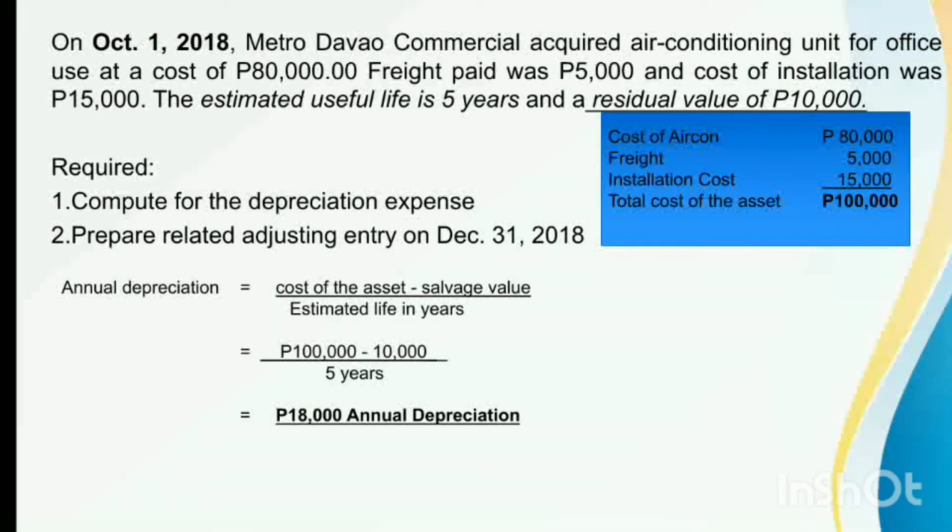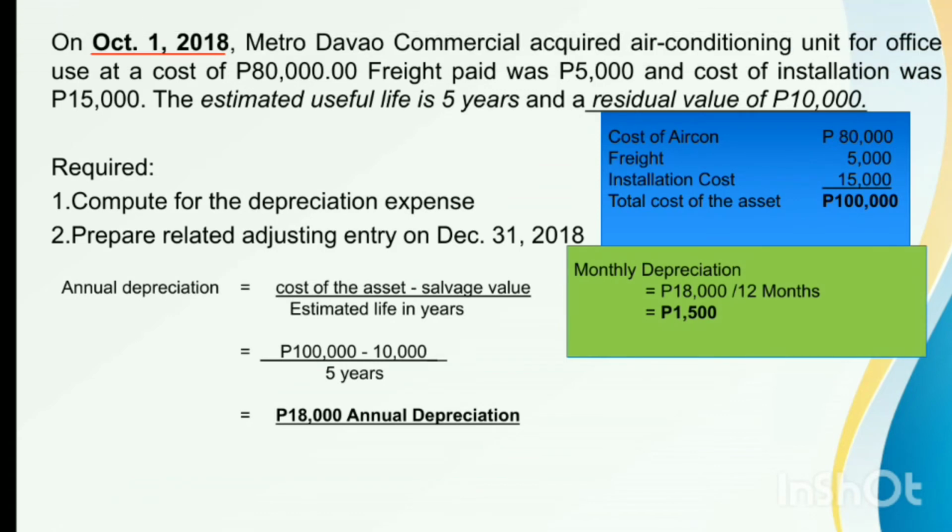Take note that the aircon was acquired on October 1, 2018, and then the end of the accounting period is on December 31, 2018. So we need to compute how much is the depreciation expense from October to December. So in order to do that, we need to divide the annual depreciation of 18,000 by 12 months to get the monthly depreciation.